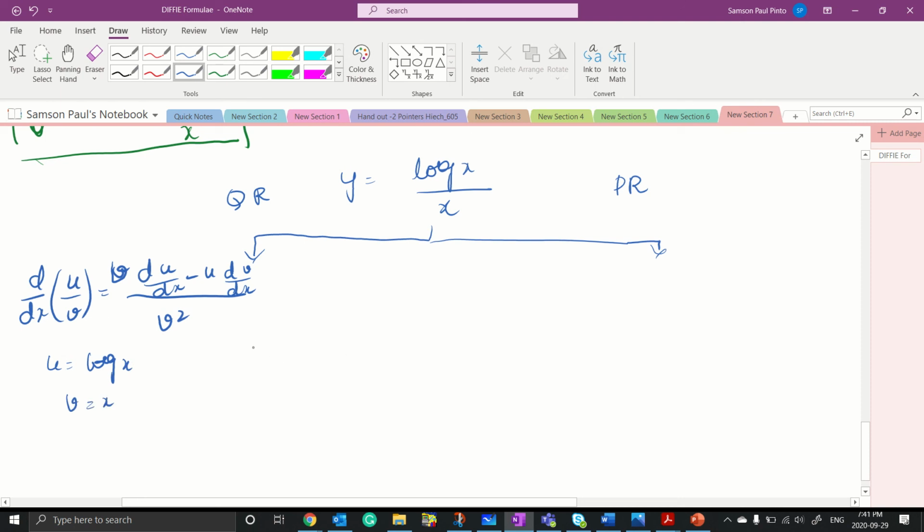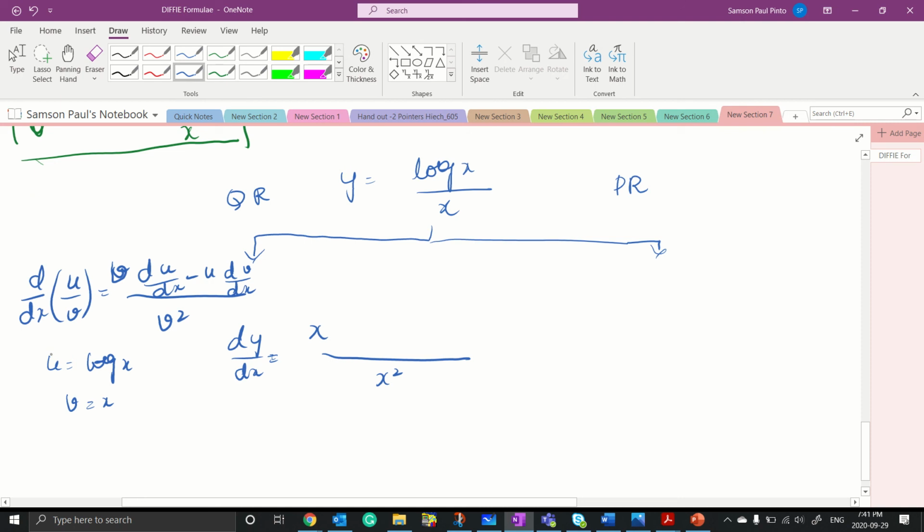So my dy by dx will be x square in the denominator, that is v square, x into differentiation of log x.